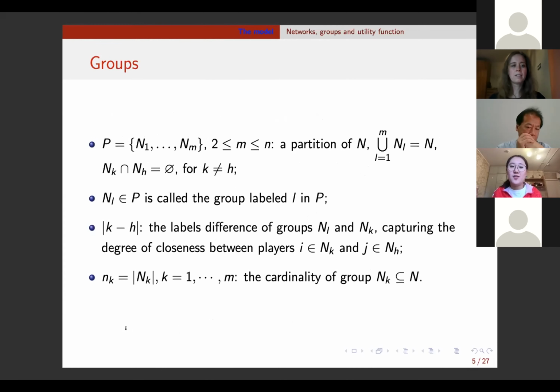Then, about heterogeneous players in the model. In our work, the player set is partitioned into several sets, N1 to Nm, and NL is the group labeled L in this partition. The label difference between two groups is a very important part of the model, because it decides the cost of maintaining or forming a link between players in the two groups.